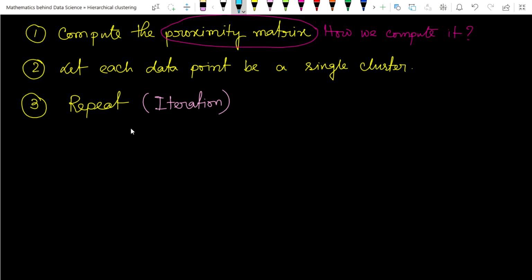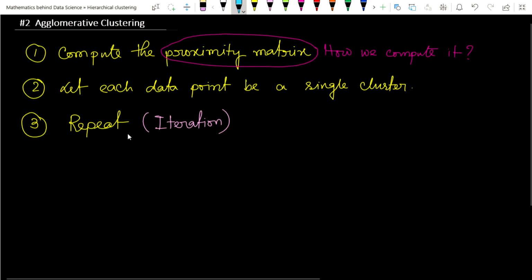We will understand these things through a picture. Now first write the algorithm. Write this algorithm first. Okay.